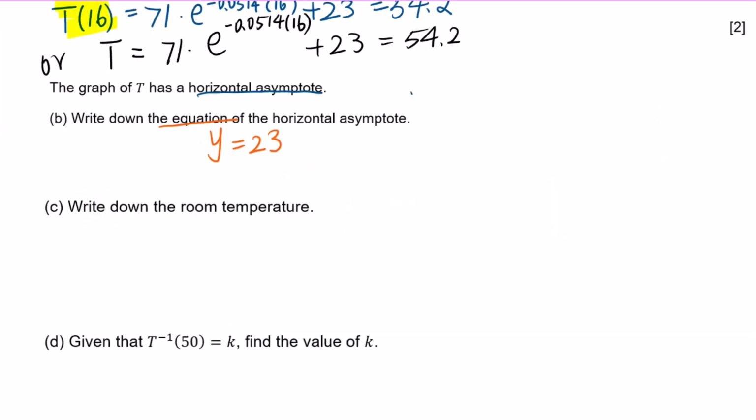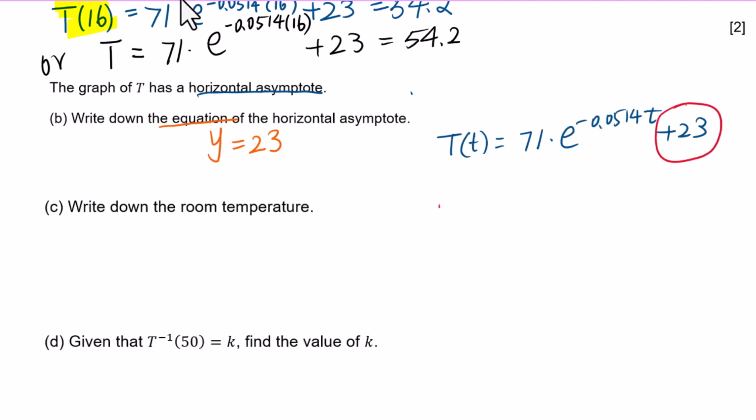Let's go to C. Write down the room temperature. We do know for this function, 23 is the horizontal asymptote line. Horizontal asymptote line means possible minimum value or maximum value.